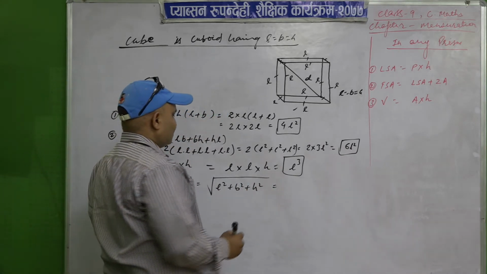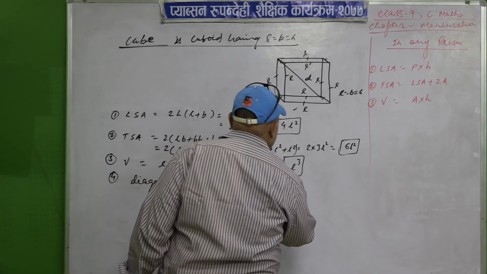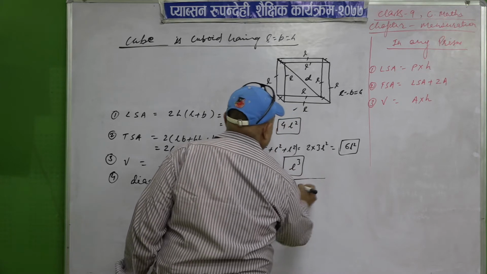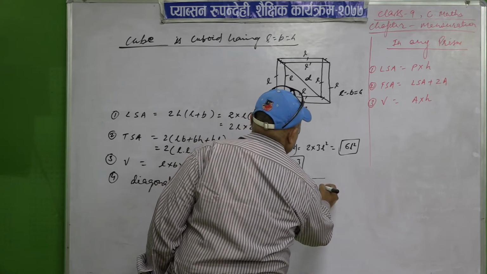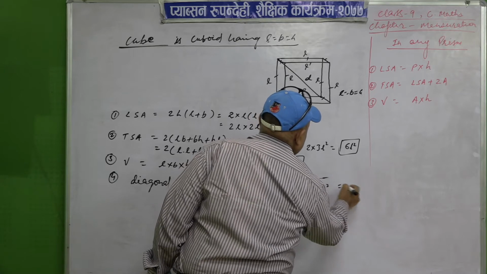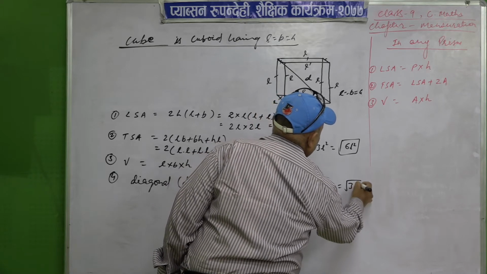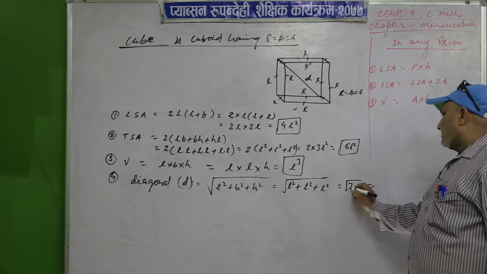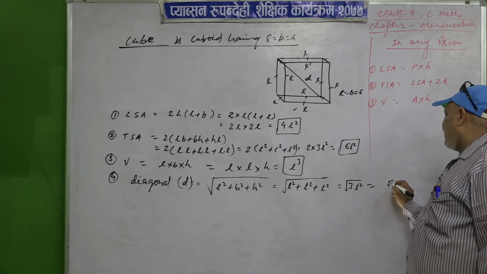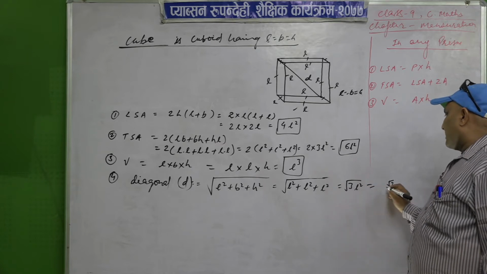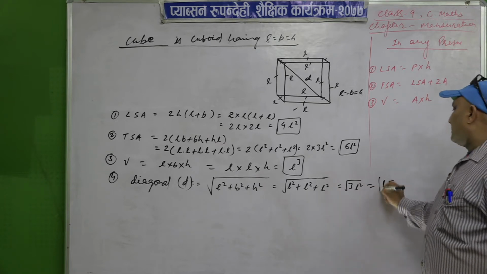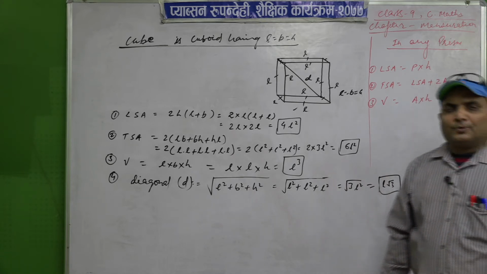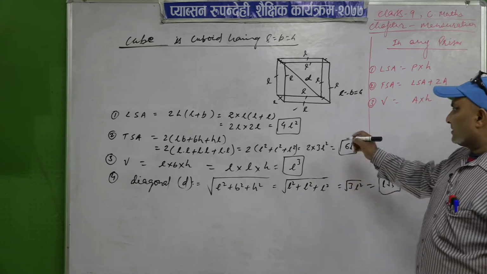Now put the value of B and H in the form of L. This L square as it is, plus this in the place of B, that is L square also, in the place of H square also put L square, that is under root 3L square, and square root of L square is L. So L root 3 or root 3L, this will be the diagonal of cube.